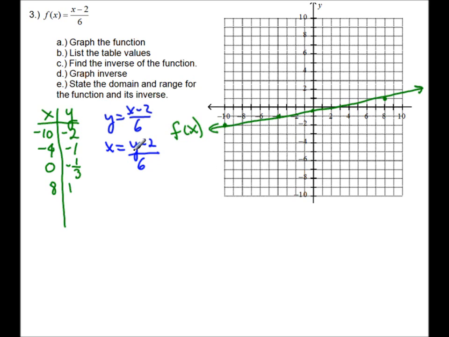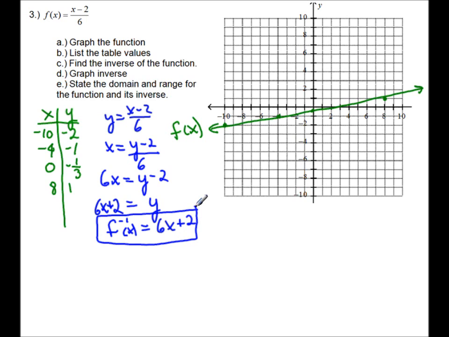And now we're solving for y, so you multiply by 6 on both sides, you get 6x equals y minus 2. Add 2 to both sides, and you get y equals 6x plus 2. So our inverse of our original function is 6x plus 2.